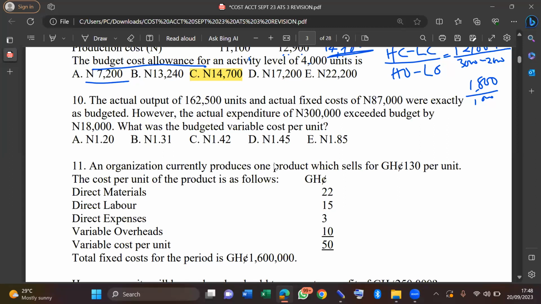The actual expenditure of 300,000 naira exceeded budget by 18,000 naira. What was the budget variable cost per unit?